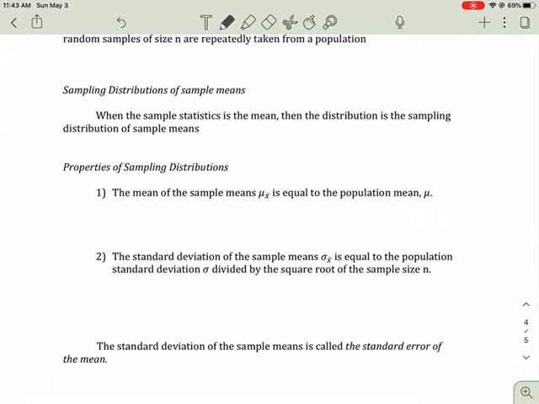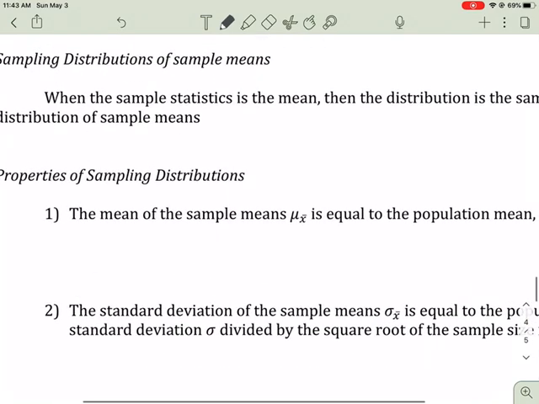Okay, so there's some properties. It says the mean of the sampling distribution of the sample means, mu x bar, so new notation, is equal to the population mean. So the mean of the sampling distribution is equal to the mean of the population.